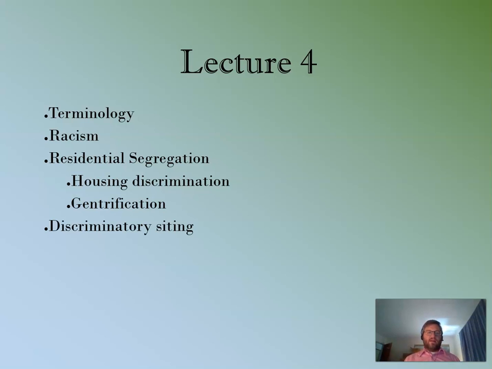And then we're going to talk at the end about discriminatory siting. So when bad things in the environment, these locally unwanted land uses, get put in certain locations, is that a discriminatory process? Are they being targeted at certain neighborhoods?